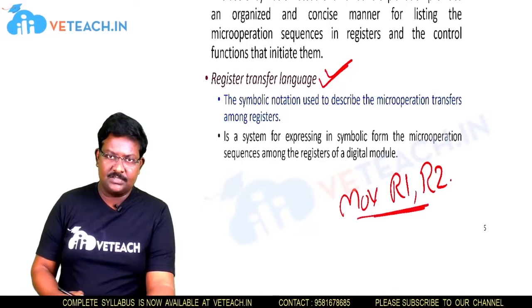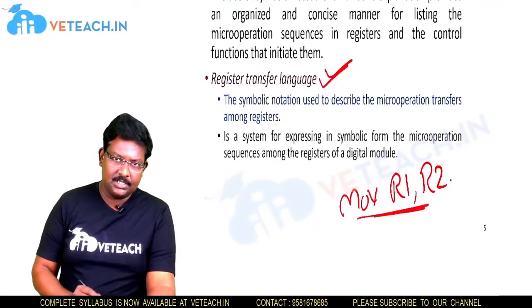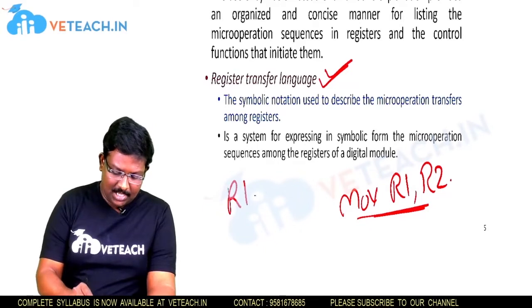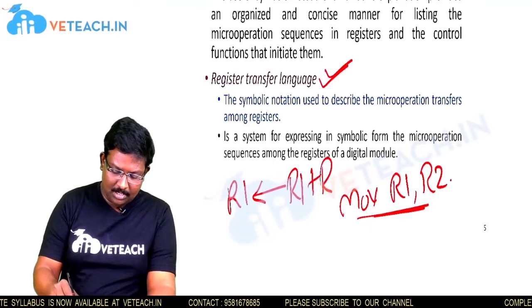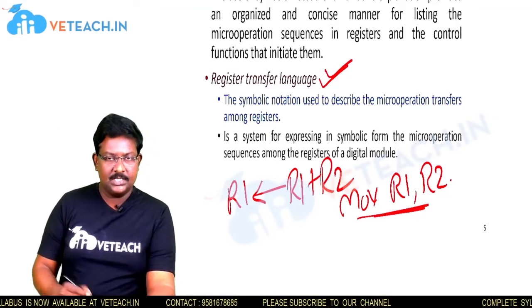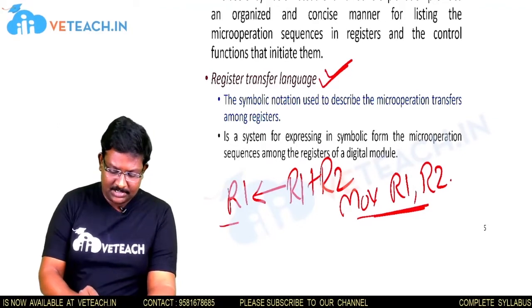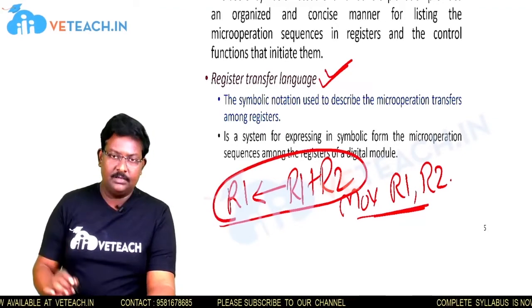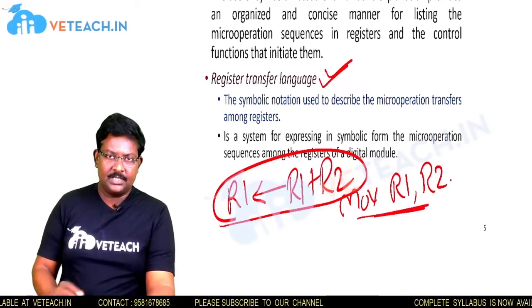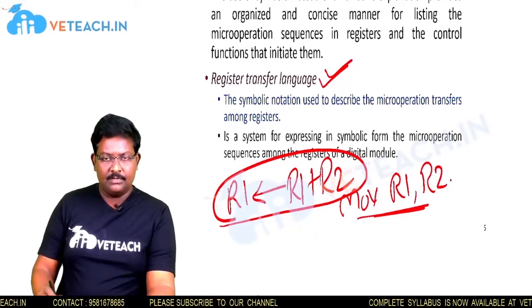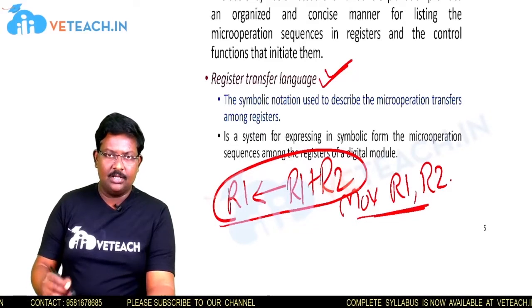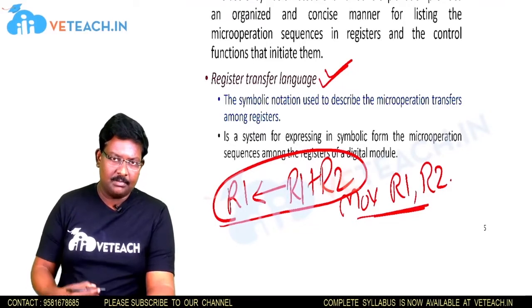But in register transfer language, I represent the same instruction as R1 reverse arrow R1 plus R2. So representing the same instruction in register transfer language will be in this format. We can see the clear difference: we use registers and on those registers we perform some operation.